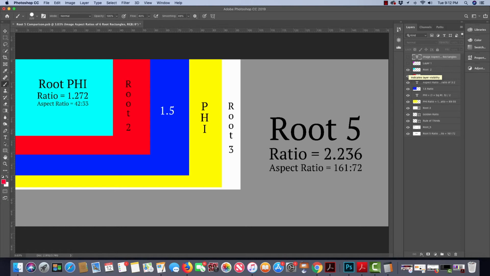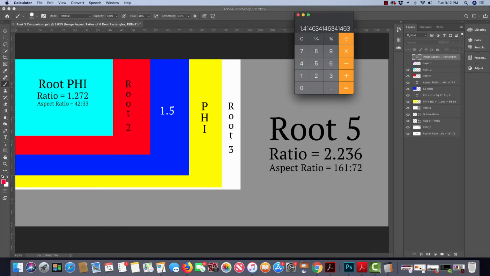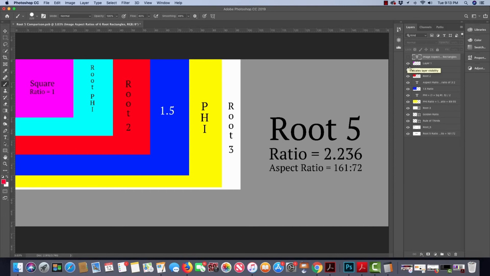The root phi ratio, image aspect ratio of 42 divided by 33, is equal to 1.272. Like I said, accurate to 3 decimal places. And simply square, which is a 1-to-1 ratio.